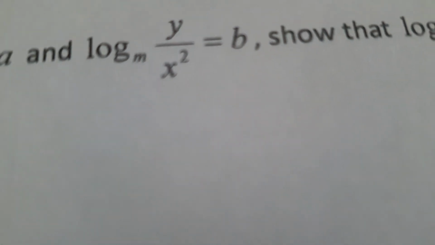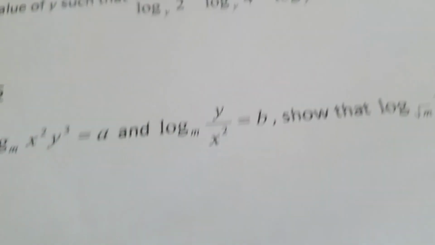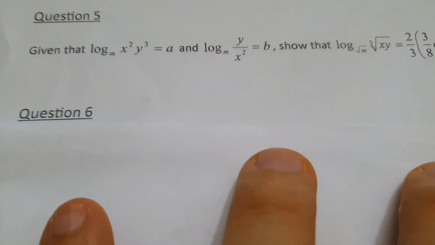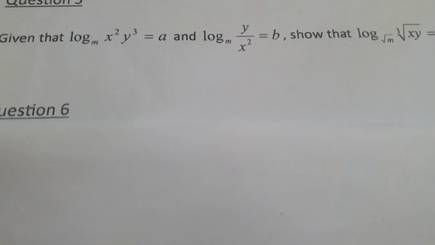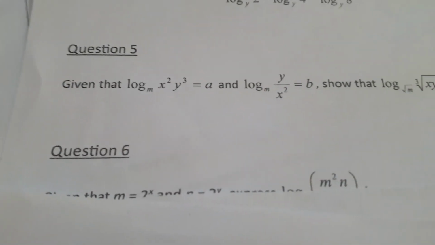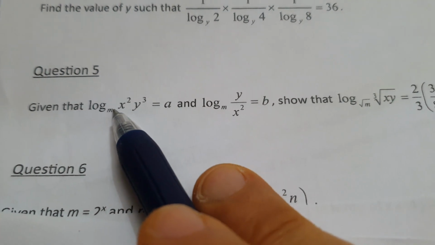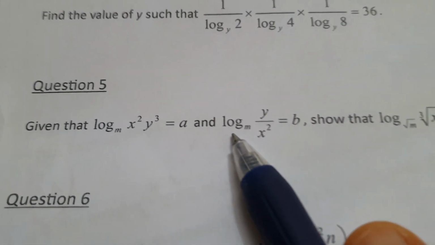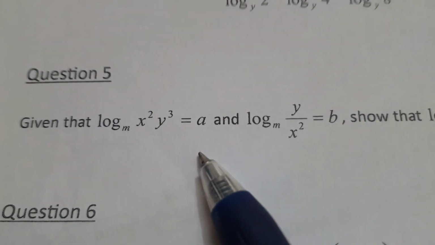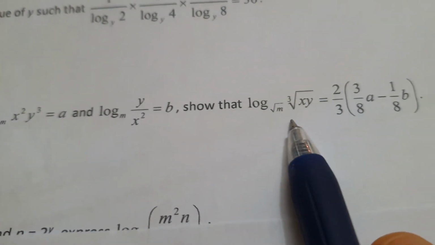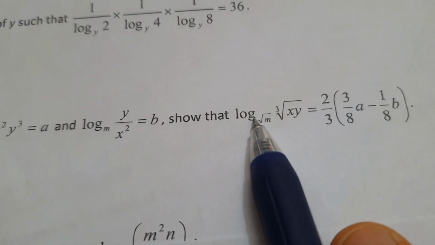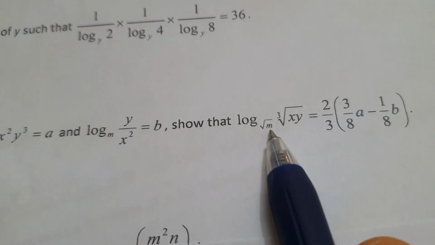Now, if you were to look at this particular question, number 5, you find that it is actually not easy because what they've given you is base m. Okay, the two so-called equations that they've given you is base m, but what they want you to show is base square root m.